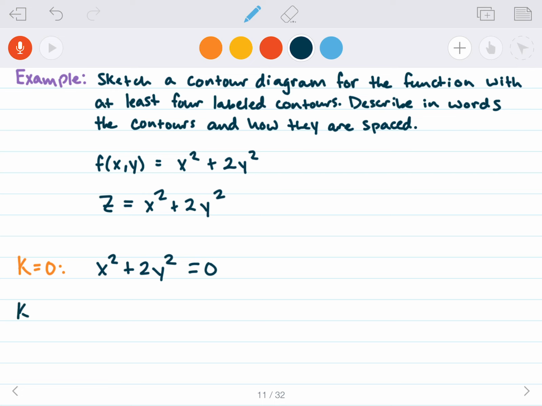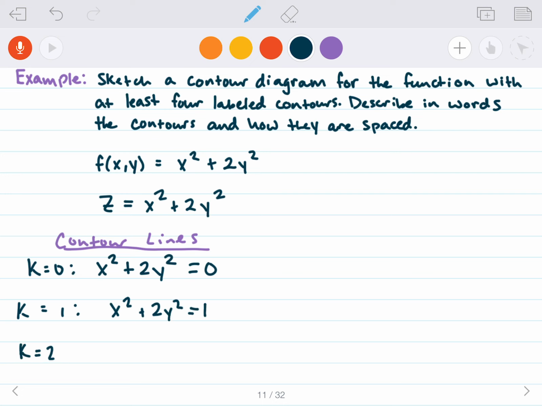When k equals 1, so again, these are our contour lines. Each one of these is a contour line. So for k equals 1, we have x squared plus 2y squared equals 1.